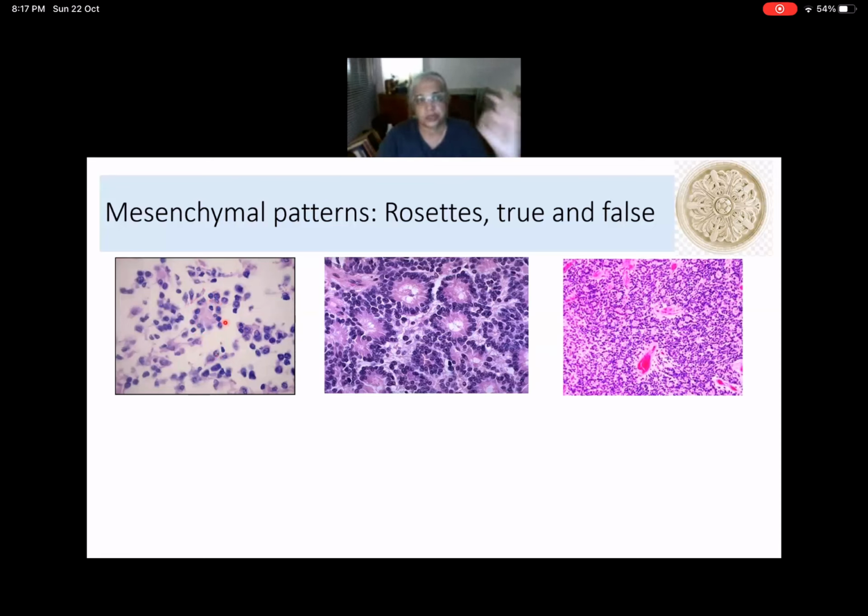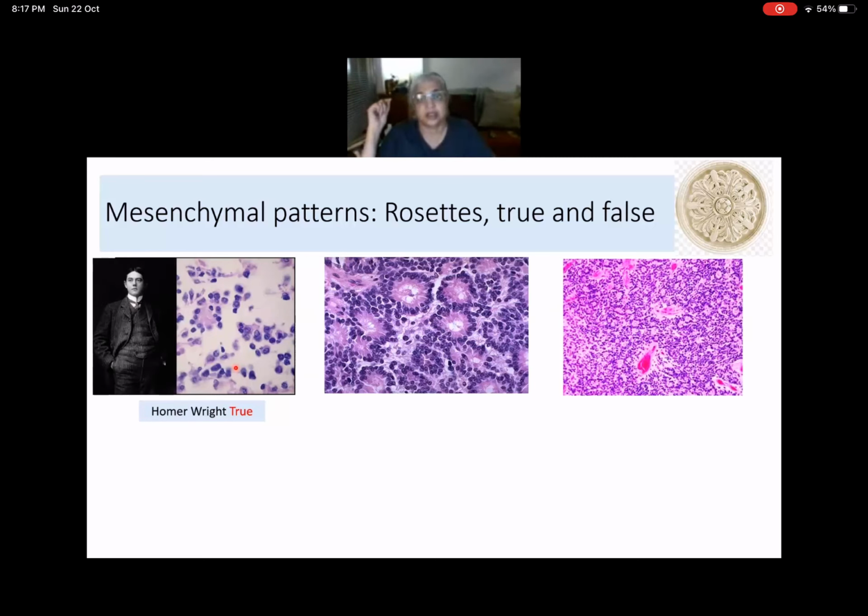Now we come to rosettes, true and false. There are lots of patterns. You see that, by and large, rosettes are formed from small blue cells. So they're small blue cells, and the cytoplasm of the cell is merging or going towards the middle of the cell.